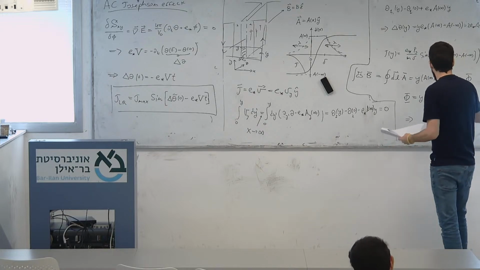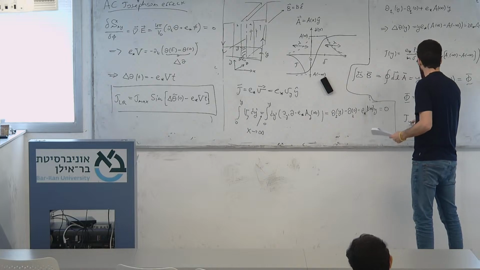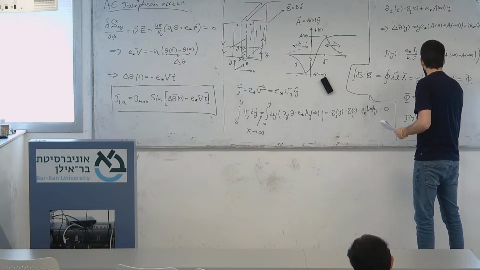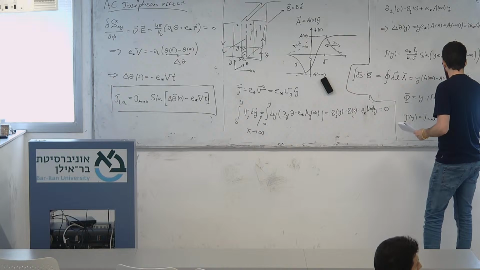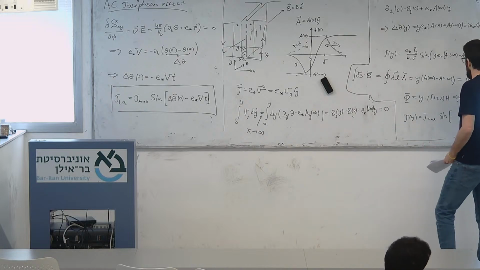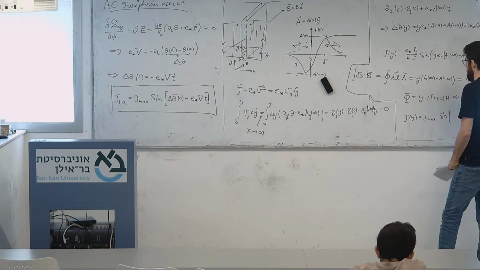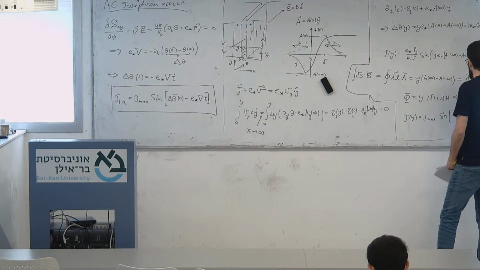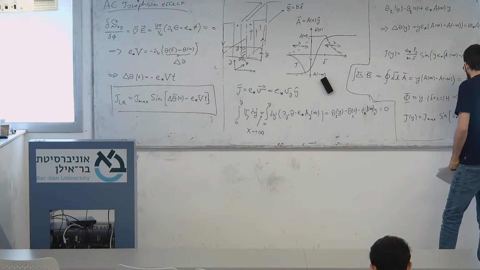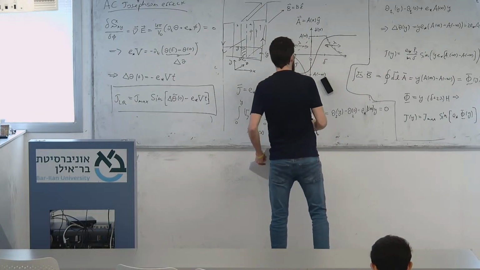So okay, I can just write the expression for J of y to be this J max, whatever it is, times sine of, so I can call this phi of y, so you can just write here e star phi of y, which is the flux up to this y.